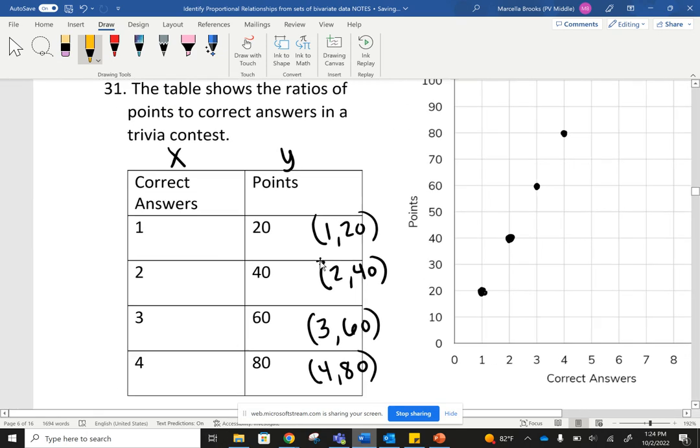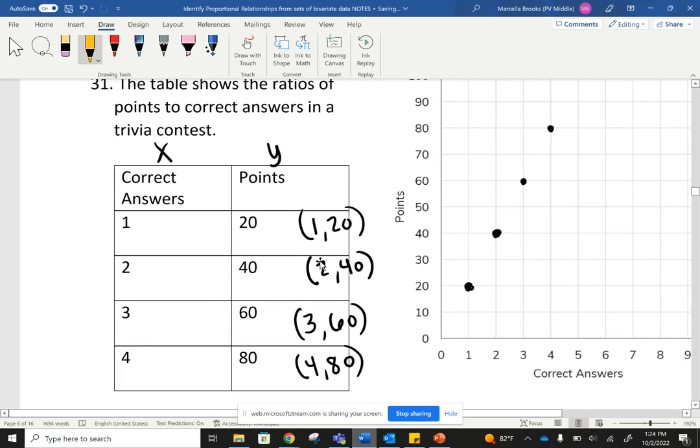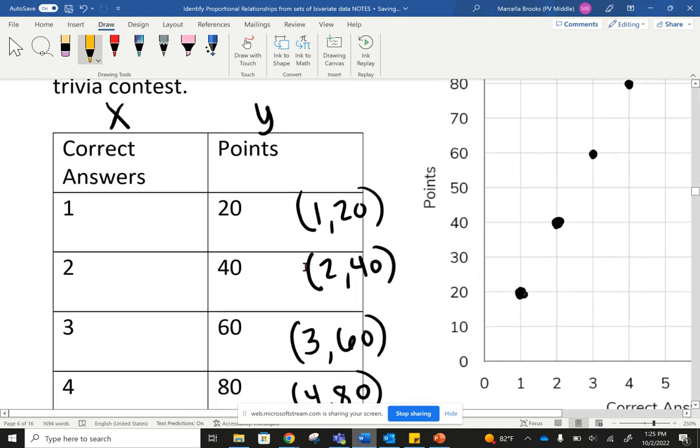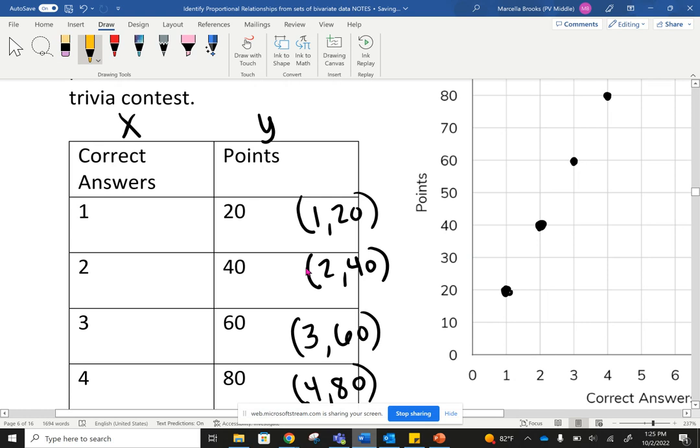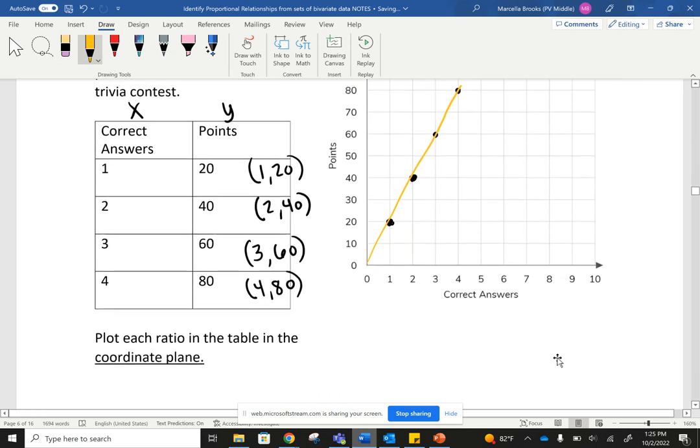Okay, it's not perfect, but there we go.